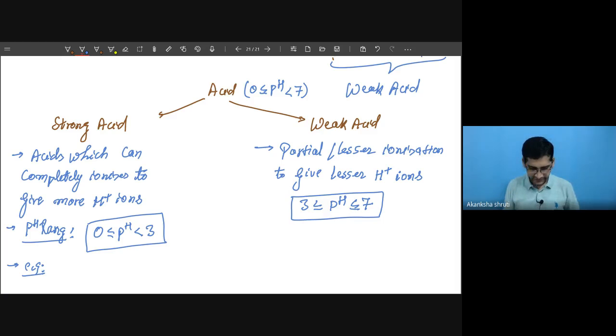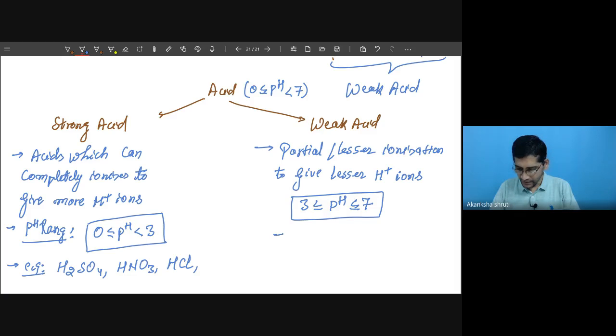Various acids that we have already written, like H2SO4, HNO3, HCl, these are strong acids. These are also called mineral acids.